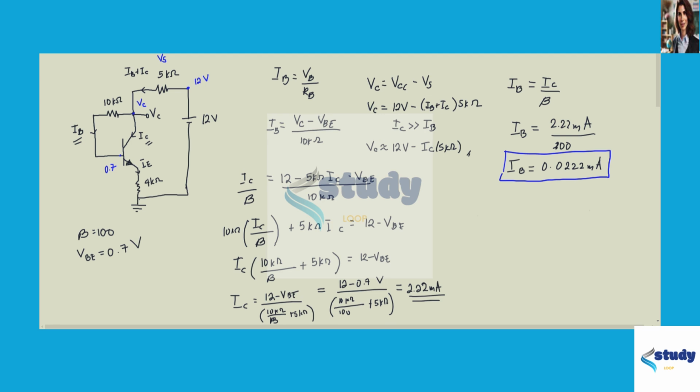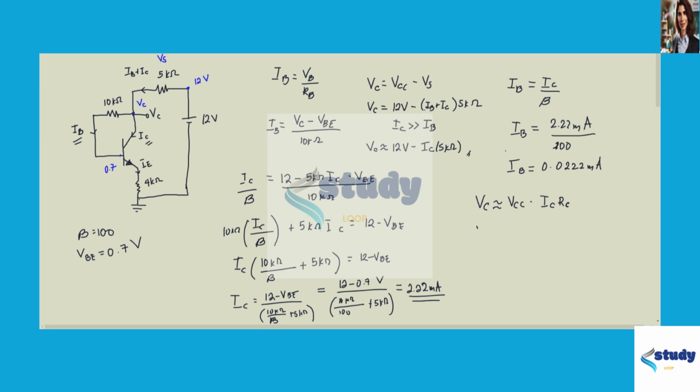Now to get the voltage in the collector in the node C, we go back to our second equation, and that is VC is approximately equal to VCC minus IC times RC.